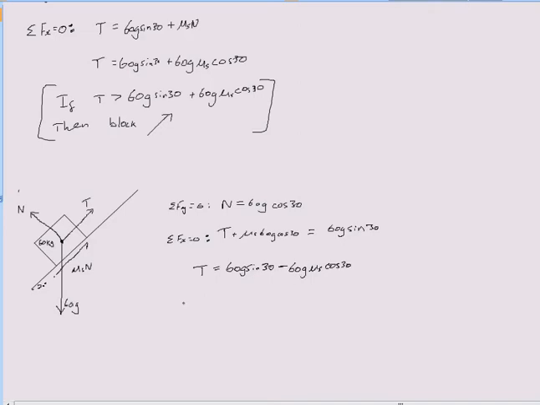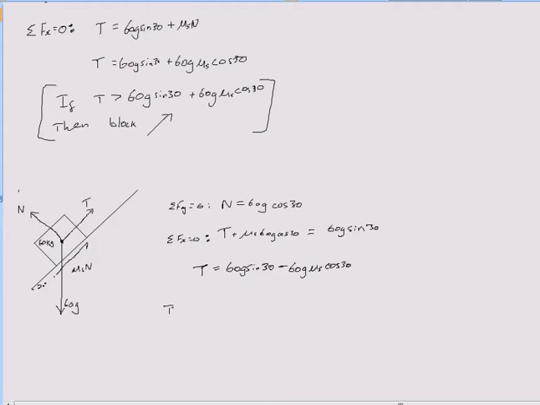But if T was any less than this, i.e., if there was any more force trying to push this block down the slope, then the block would not have enough to keep it stationary. In other words, the sum of forces down the hill would exceed the resistance due to friction, and the block would succeed in rolling down the hill. So let me write another inequality here.